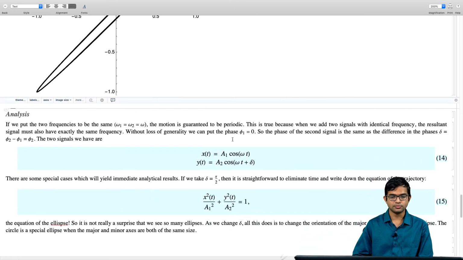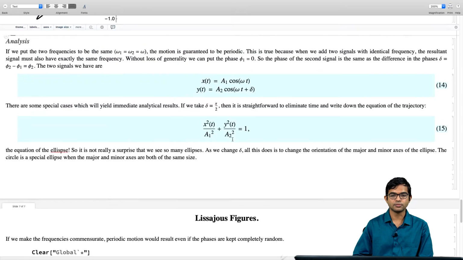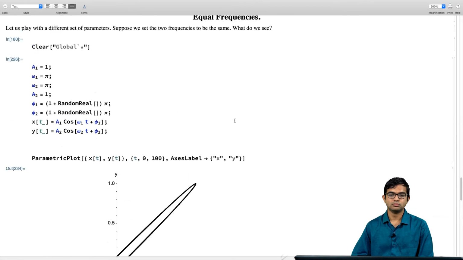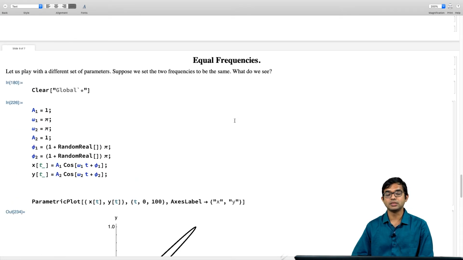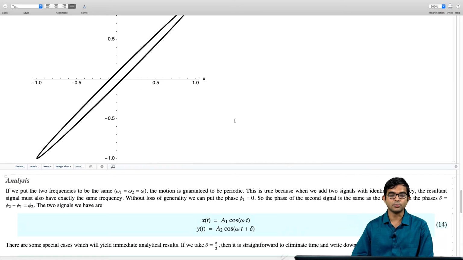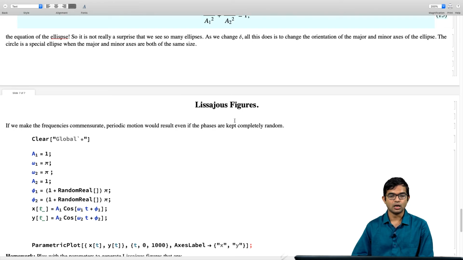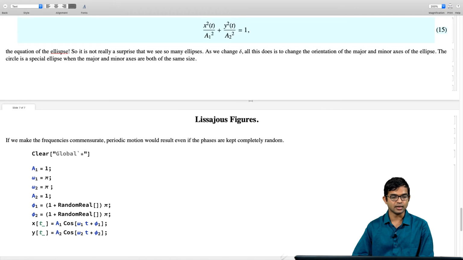All right, so what happens if we change, make the frequencies not equal but commensurate? If you make omega 1 divided by omega 2 a rational fraction, we will see that in fact periodic motion would result even if the phases are kept completely random. So let's play this.